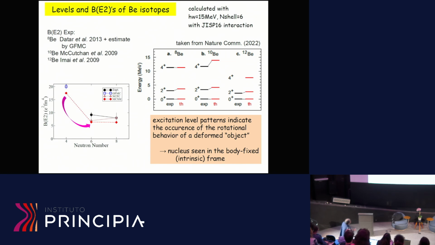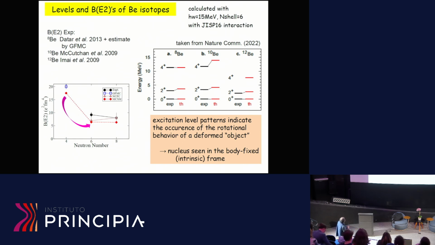That means this interaction may not be strong enough to produce large deformation, but otherwise it's quite nice. Also, I learned that the experimental 4+ state is around here, so the comparison is still good for beryllium-12. And for the 0+ state, our value is a little bit higher than the experimental value.